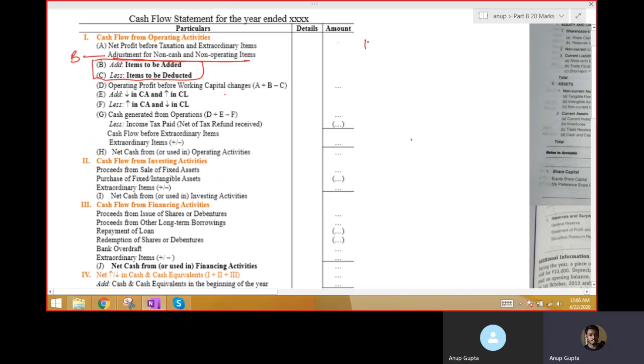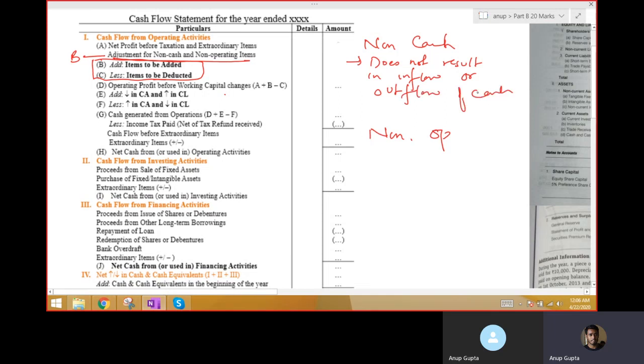So let us understand the meaning of non-cash and non-operating. What is the meaning of non-cash activity? Non-cash items are those items which do not result in inflow or outflow of cash.